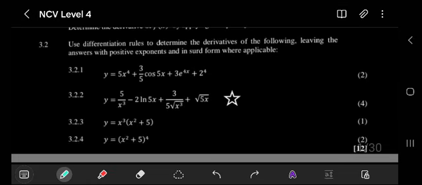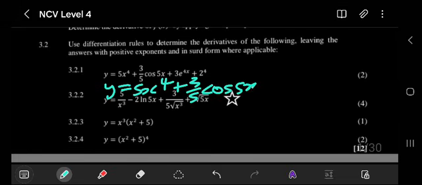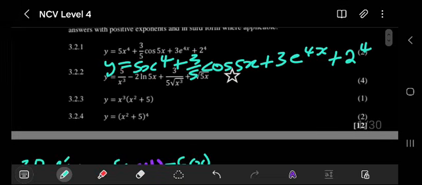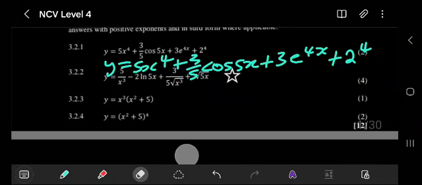We're supposed to differentiate y is equal to 5x raised to the power 4 plus 3 over 5 cos 5x plus 3 e to the 4x plus 2 raised to the power of 4. So how can we go about this? How can we differentiate this?